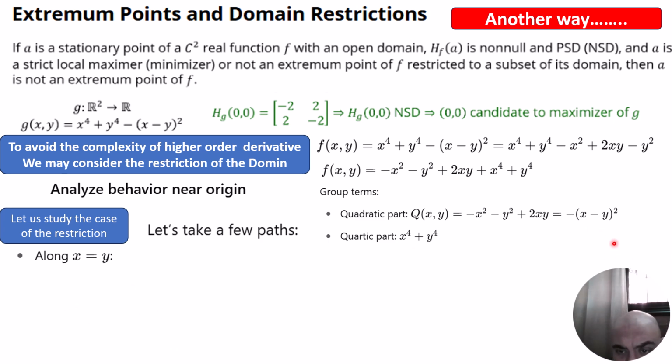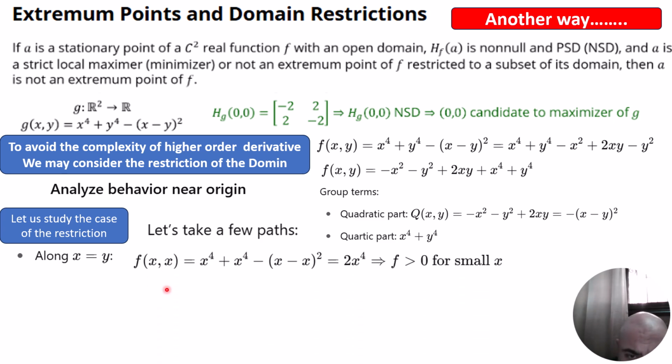It will simplify our life greatly. So if I use x equal to y and start to substitute, I will end up having 2x to the power of 4, which means in this direction, f is greater than 0 for small values of x.